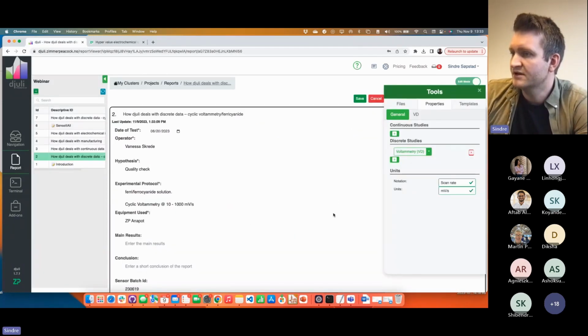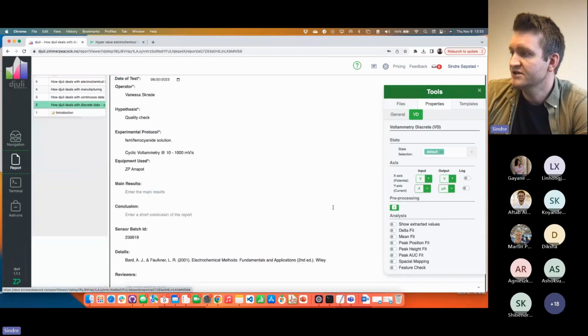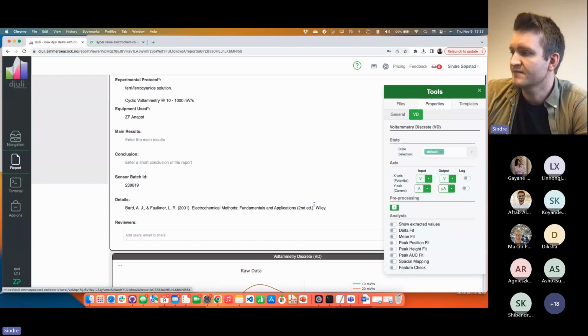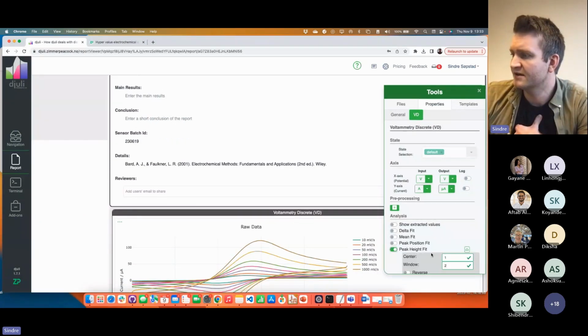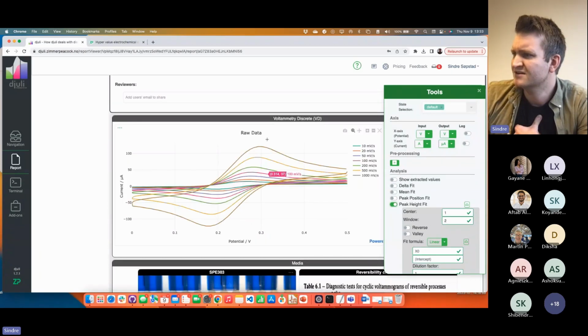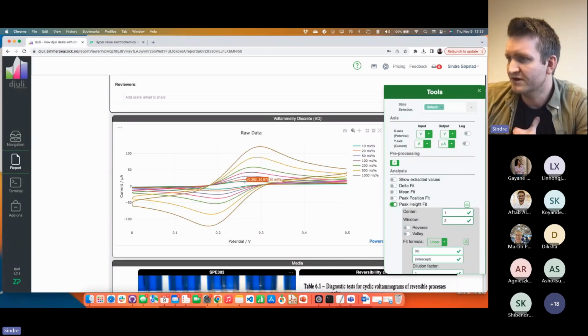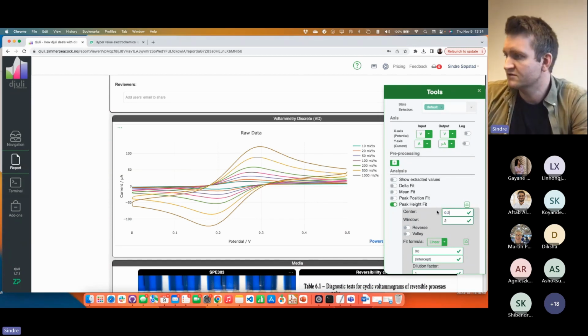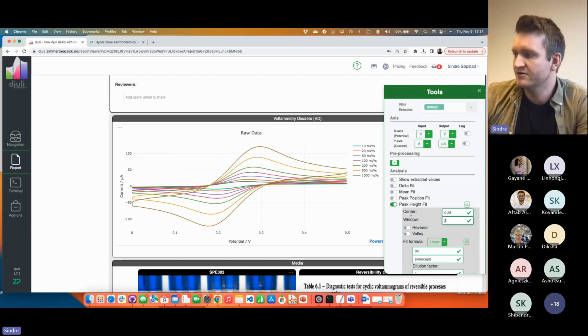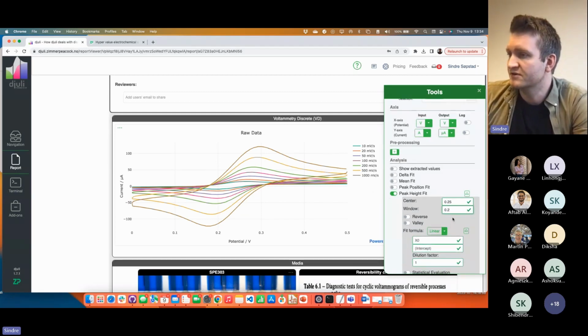So I will click into my study and define some parameters that I check for. I will study specifically the height of the peaks. I'll just specify roughly where I'll find my peaks, 0.25 volts, for example, and then add a window, so margins to where we search for the highest point.